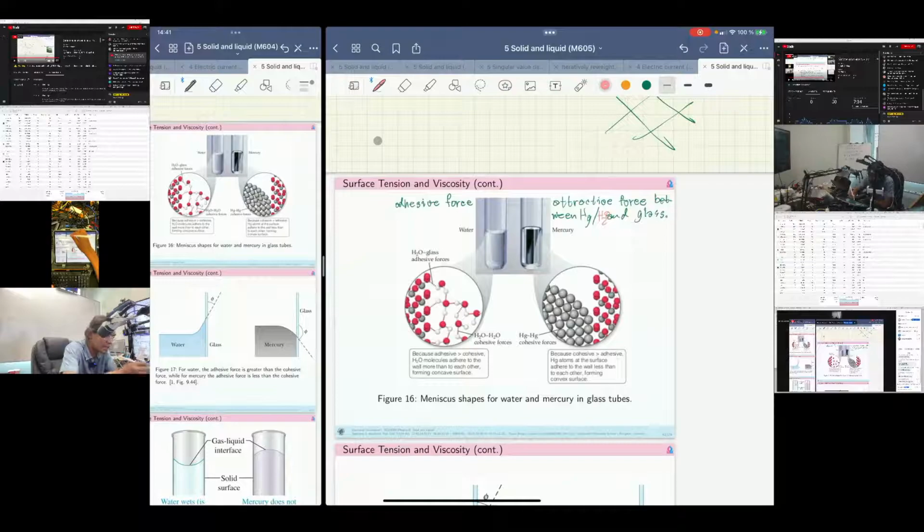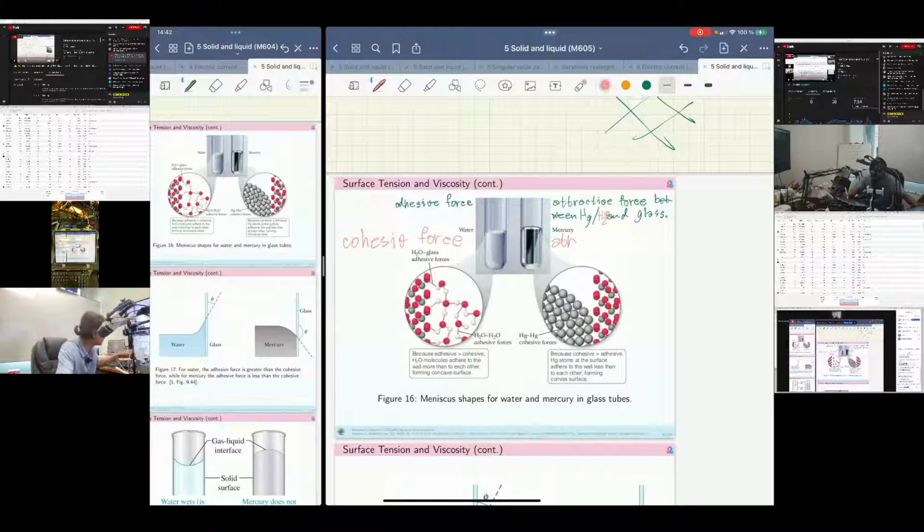And there is another type of force which is called cohesive force. It's an attractive force too, right?